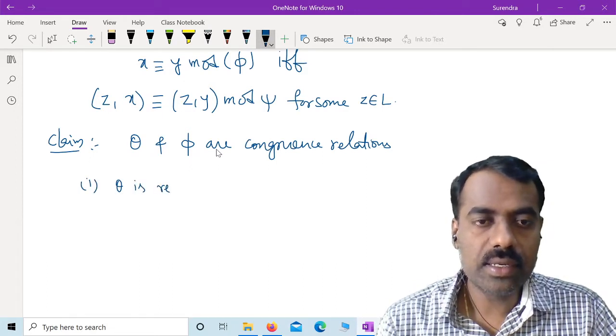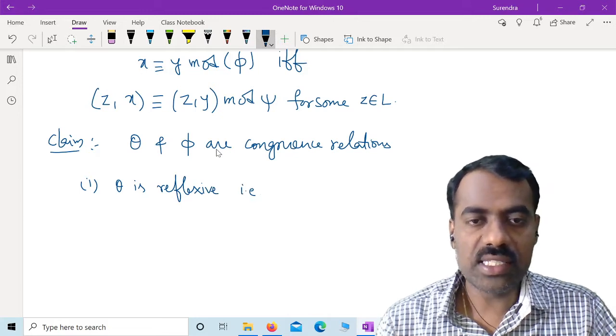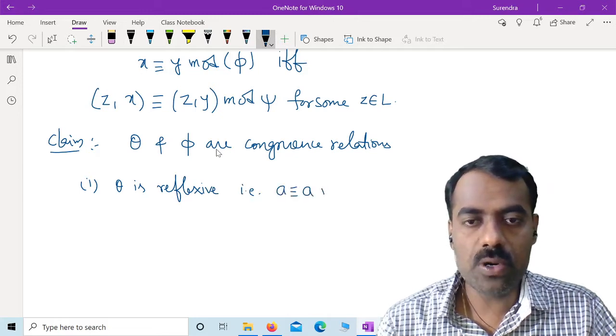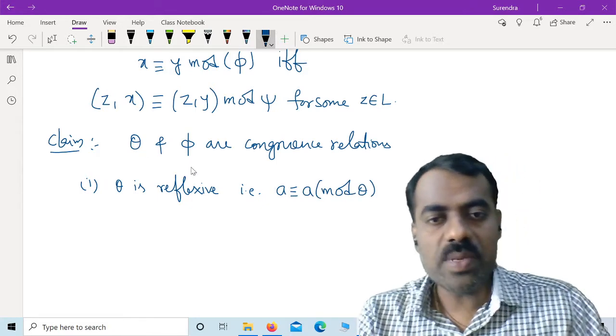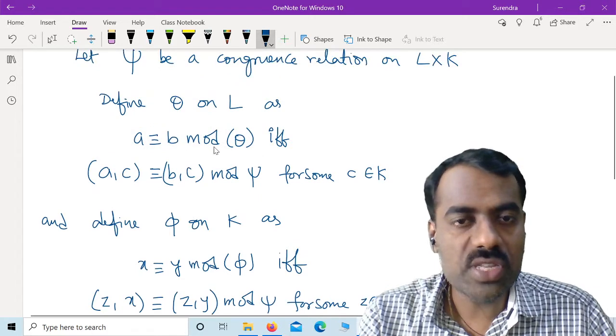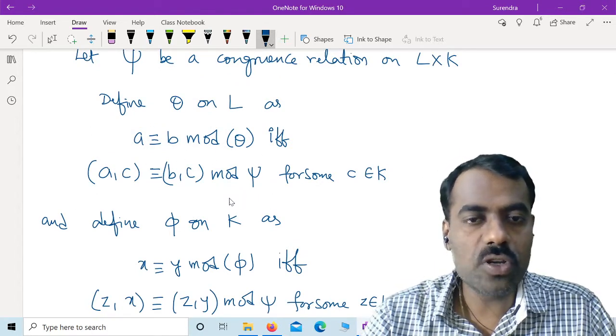Theta is reflexive, that means we want to show that A is congruent to A modulo theta. Here we have to deal every time with whatever we know, which is modulo psi.